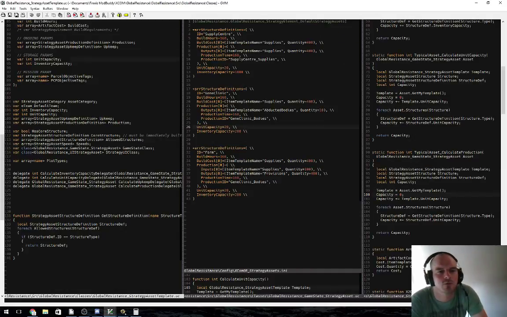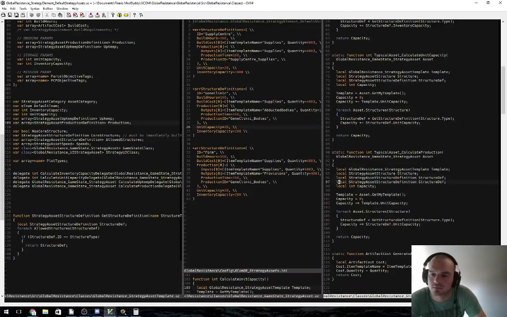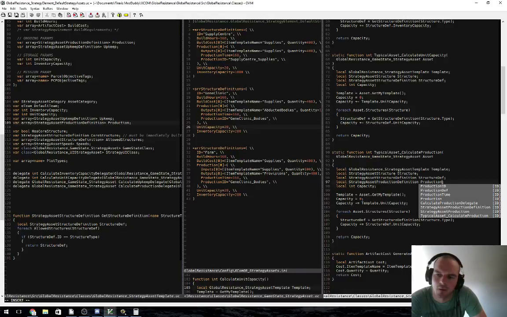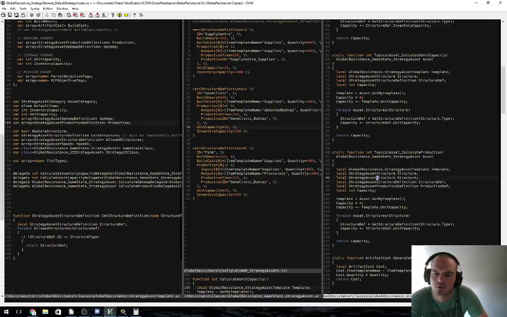If we had base production, we would use it, but we probably don't. We don't in this case, so we'll just skip over that for now and go over the structures that exist. So for each of them, we need to get the structure definition. We need to take that structure definition and then iterate over each of its production definitions. So we'll need that. And we'll need to run a for each on each strategy asset production.